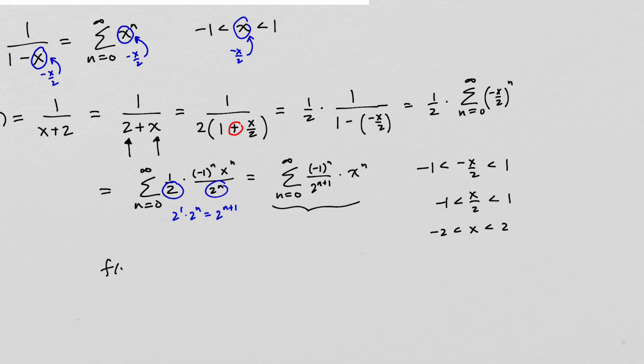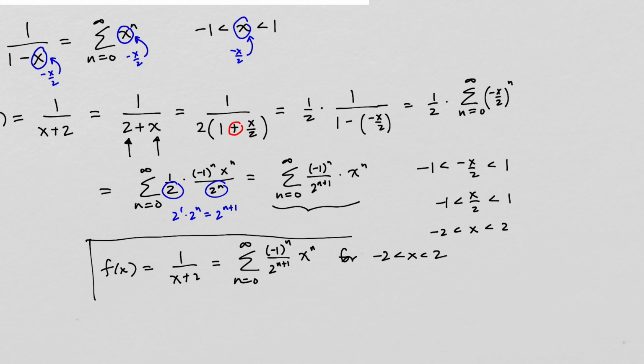So the function 1 over x plus 2 is equal to the power series representation, summation negative 1 to the n over 2 to the n plus 1 times x to the n, for the values of x between negative 2 and positive 2.